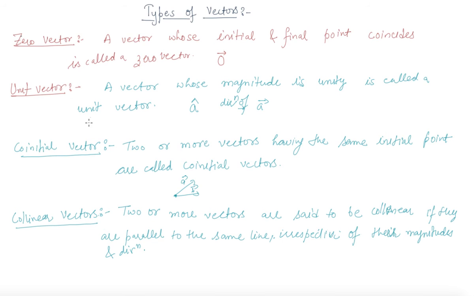I hope that you guys are pretty clear about all these vectors. Now let's discuss two more: equal vectors and the negative of a vector.